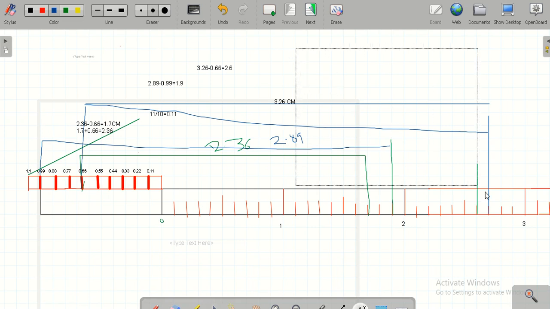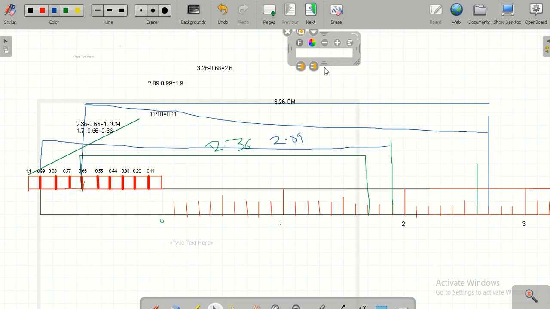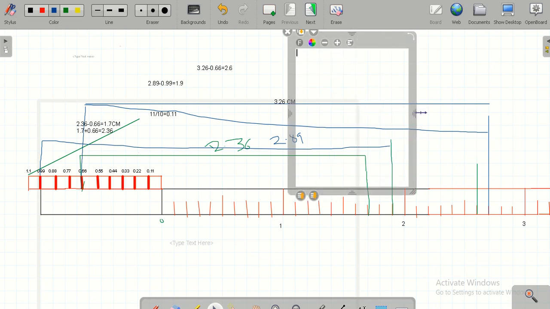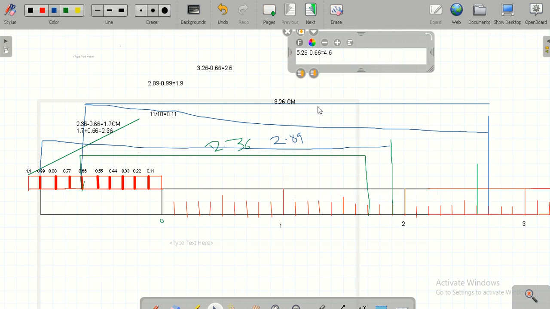Let's have some practice. What will you be subtracting? I will ask you. You have to say. 5.26. You will be subtracting 0.66. You will get 4.6. Suppose you have been given 9.23. What will you be subtracting? 0.33. What will you get? 8.9.